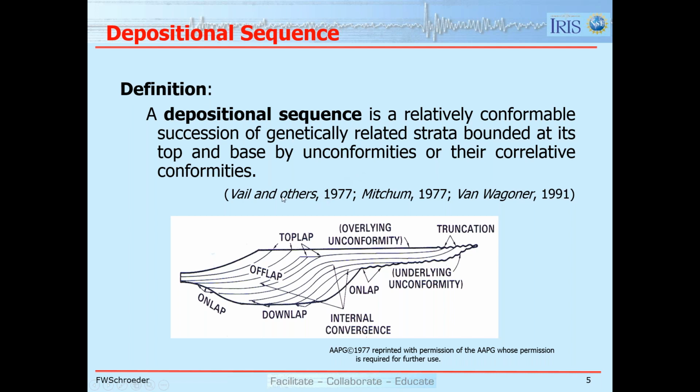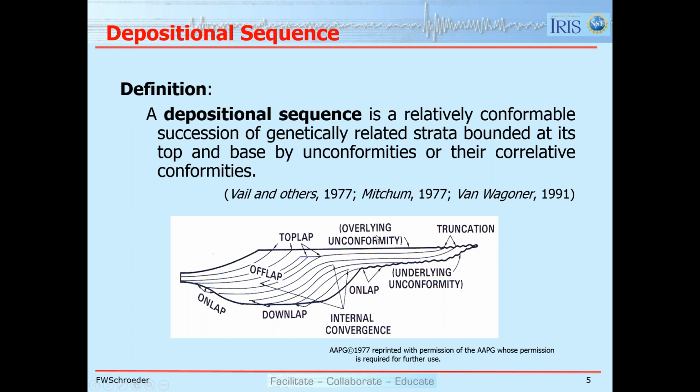This definition comes from Vail and others, 1977, Mitchum, 1977, Van Wagoner, 1991. Whenever I have a reference to 1977, that is AAPG Memoir 26, which is the foundational book for seismic stratigraphy.